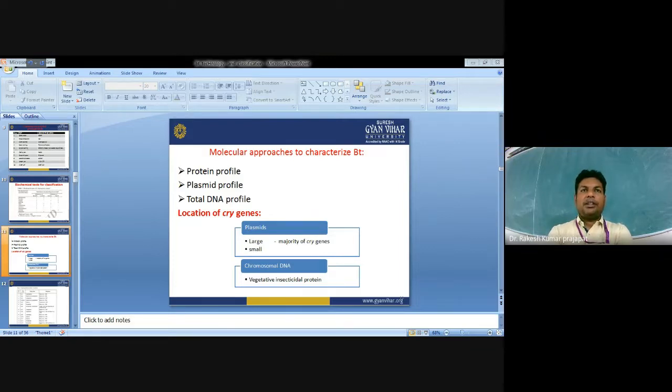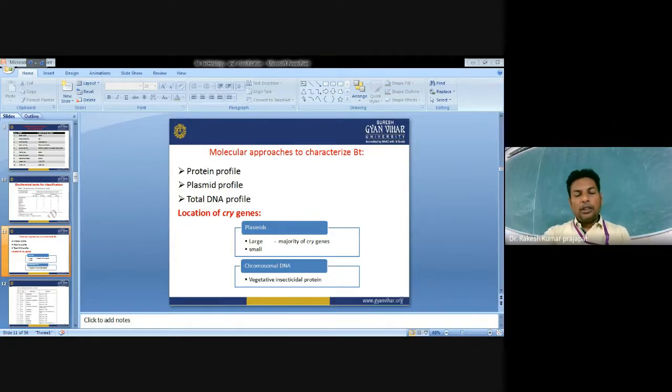Then by using different techniques like MALDI-TOF and 2D and 3-dimensional gel electrophoresis, we can characterize the protein, what the size range of that particular protein is. Then plasmid profiling is done by agarose gel analysis, by comparing with the standard markers. And total DNA profiling can also be done the same as plasmid profiling.